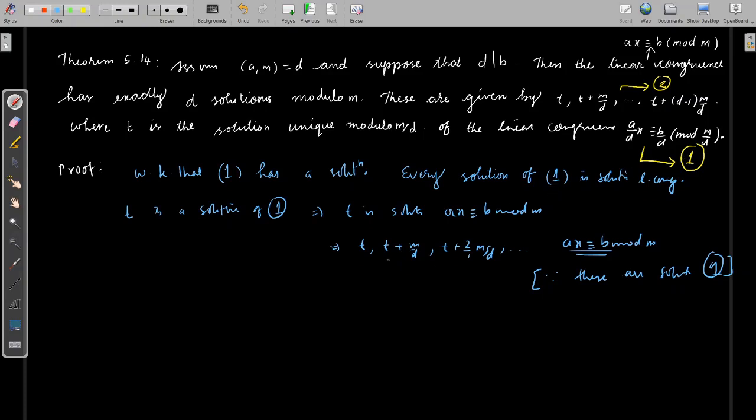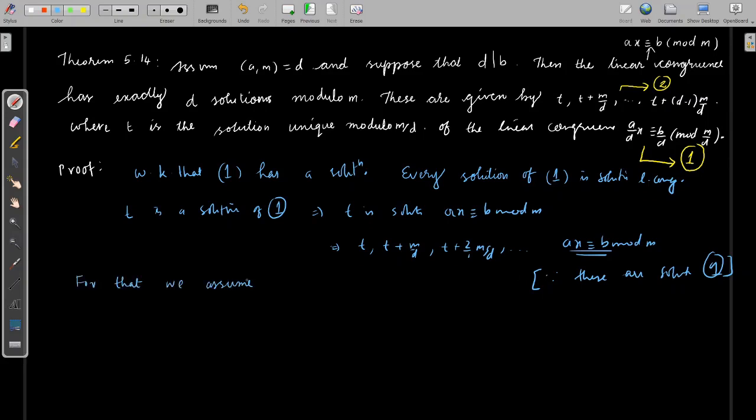But we will prove that these are incongruent modulo M, that is, distinct solutions of our linear congruence Ax congruent to B. If we consider 1, then these are the same solutions or congruent modulo solutions. As far as our linear congruence Ax congruent to B mod M is concerned, we can say that these are incongruent modulo solutions. That means distinct solutions, which we have to prove.